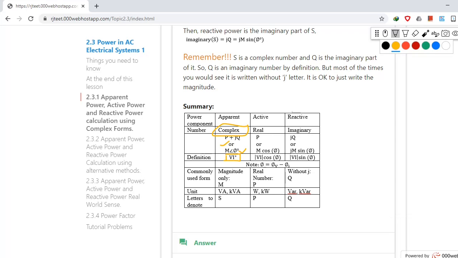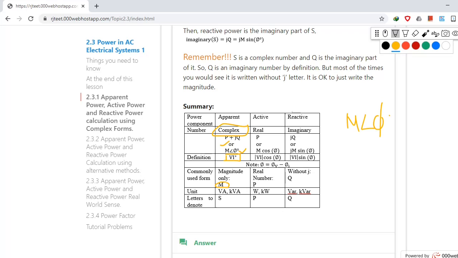And sometimes it is okay to just denote the magnitude of the apparent power. In most cases in the industry, you won't see the angle value of the apparent power.